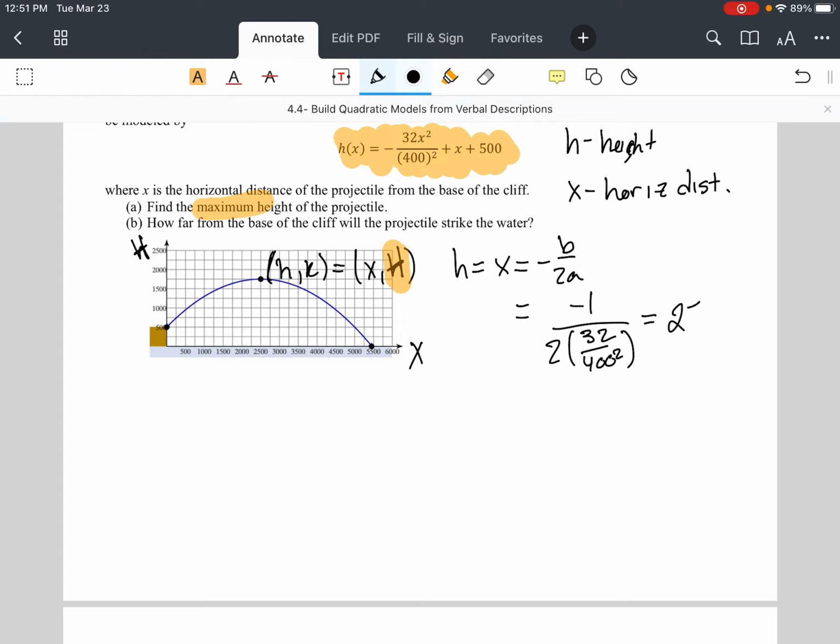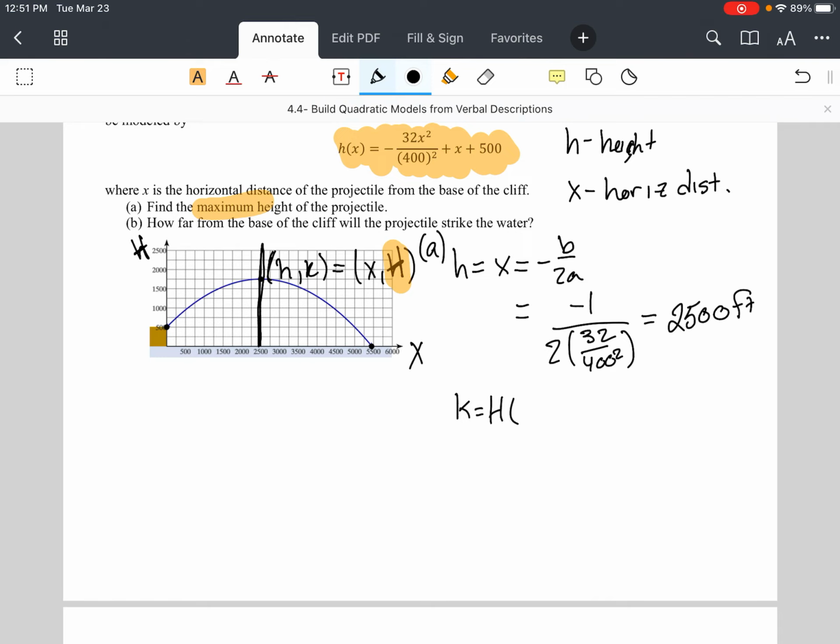When you calculate this, or when you hit enter, you should end up with a distance of 2,500, which is the distance away where it actually hits the maximum height. So this is part A, the distance where it hits the maximum height.